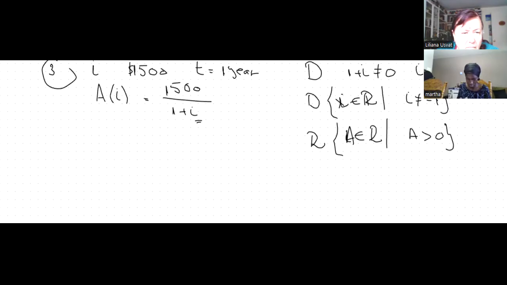1 plus x. No, equal. Let me share the Desmos. Zoom, share screen, this one.